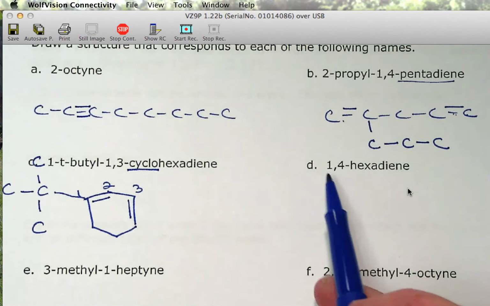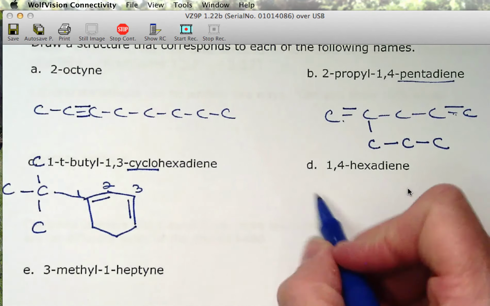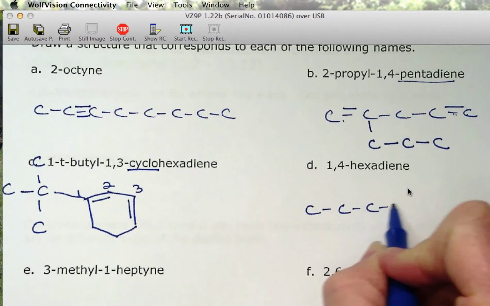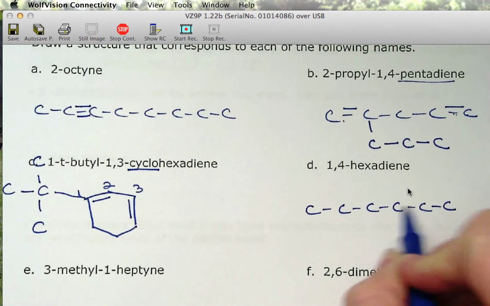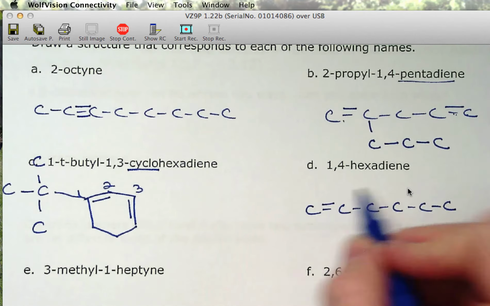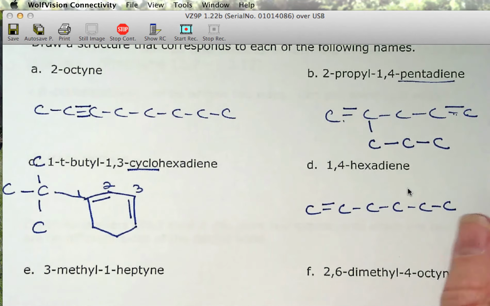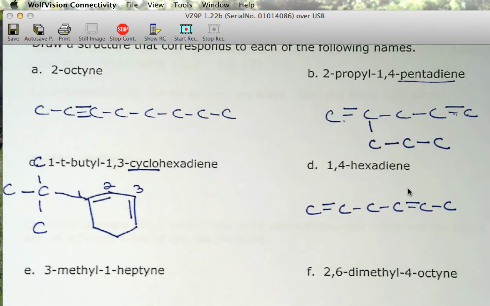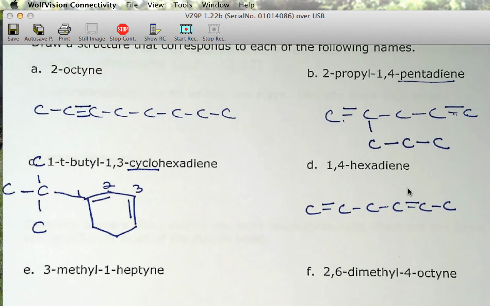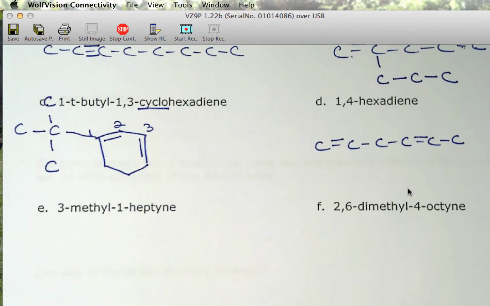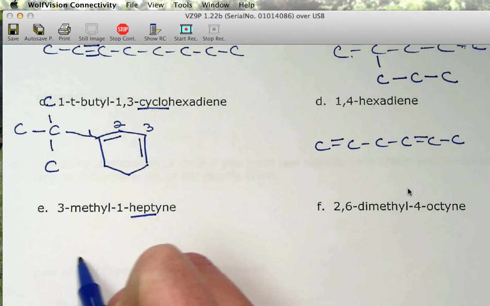All right, 1,4-hexadiene: 1, 2, 4, 6. 3-methyl-1-heptyne. Hept is 7.